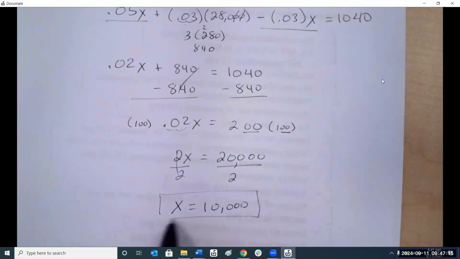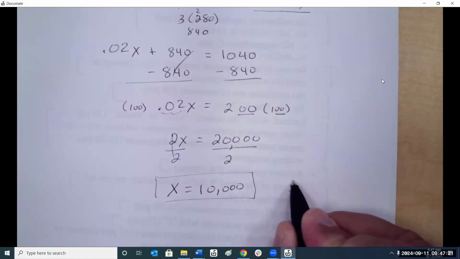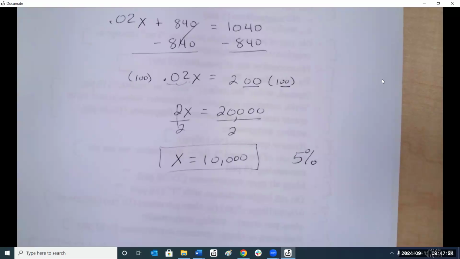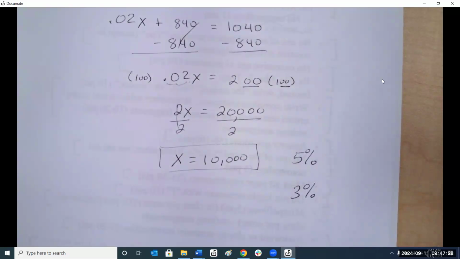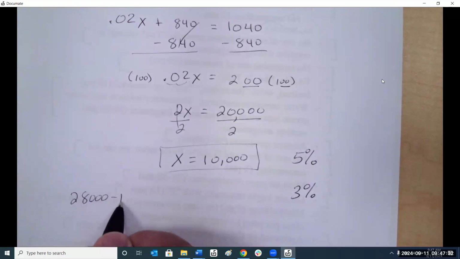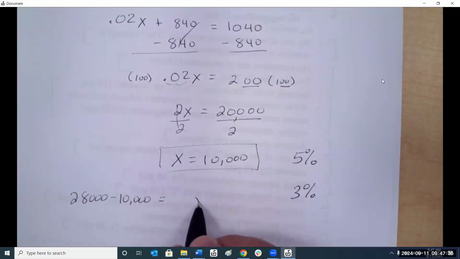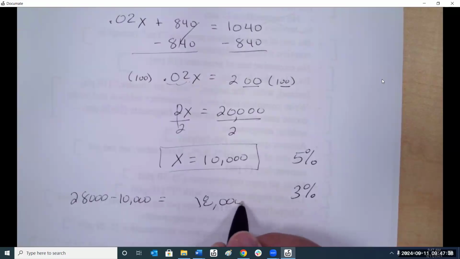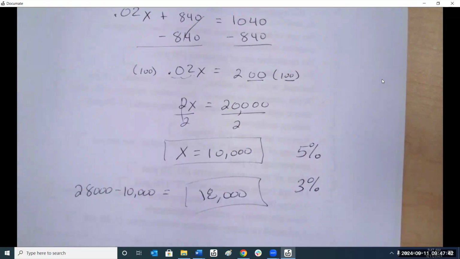The amount borrowed at 5% is $10,000. What was it at 3%? 28,000 minus 10,000 equals 18,000. So 18,000 at 3%.